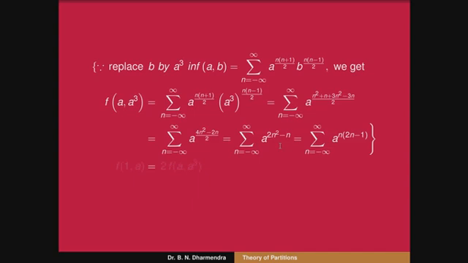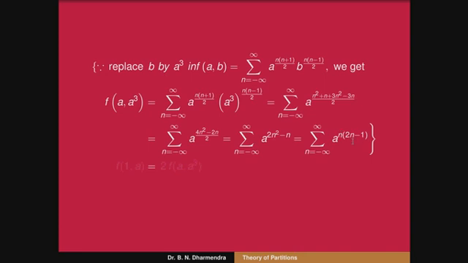So the sum over n from minus infinity to plus infinity equals the sum of e to the power of 2n² − n, because we cancel the 2. It can be rewritten as the sum over n from minus infinity to plus infinity, taking e to the power of n as a common factor, of 2n − 1.